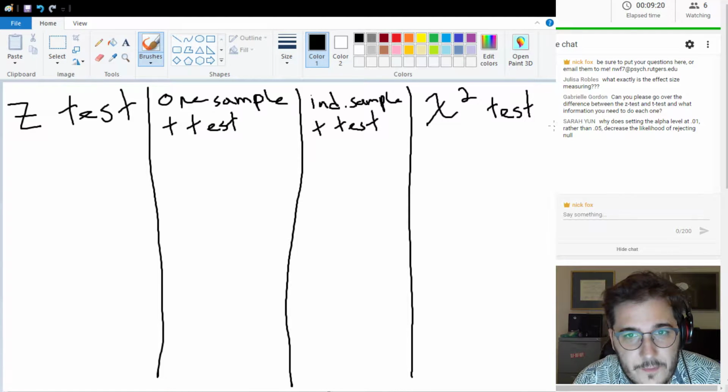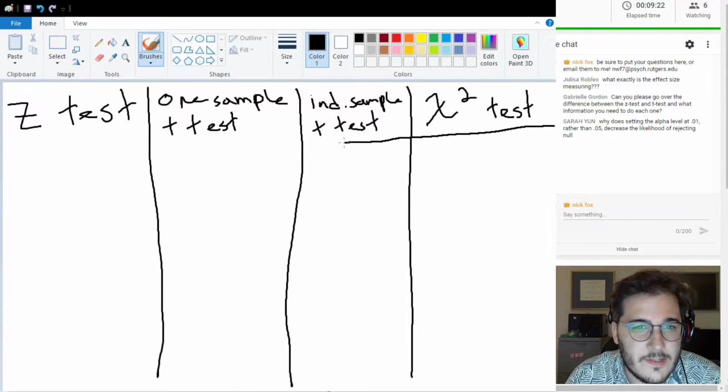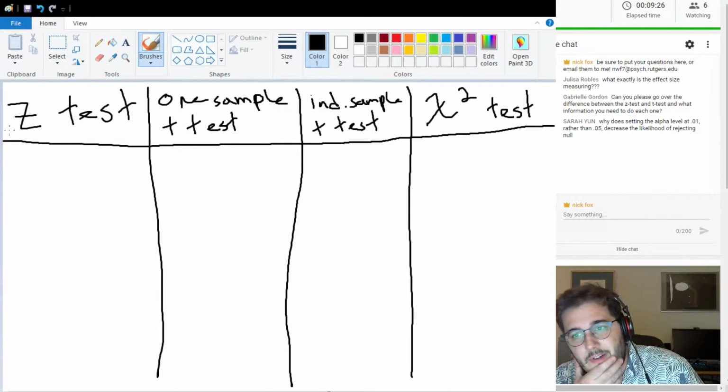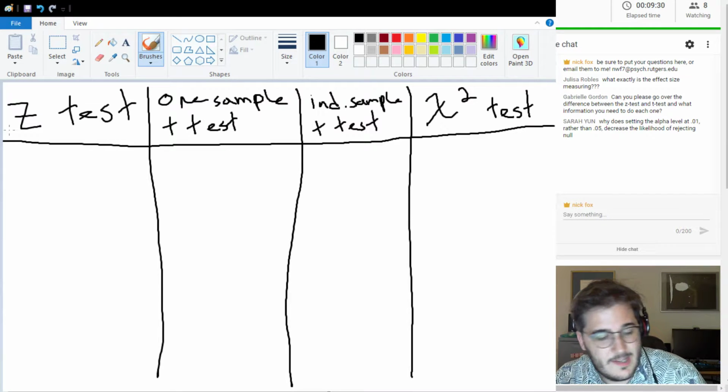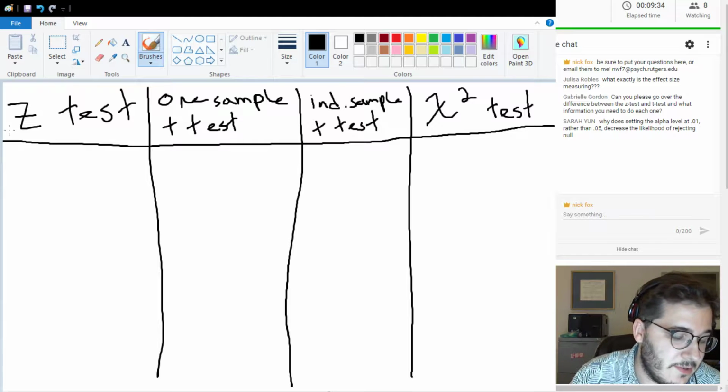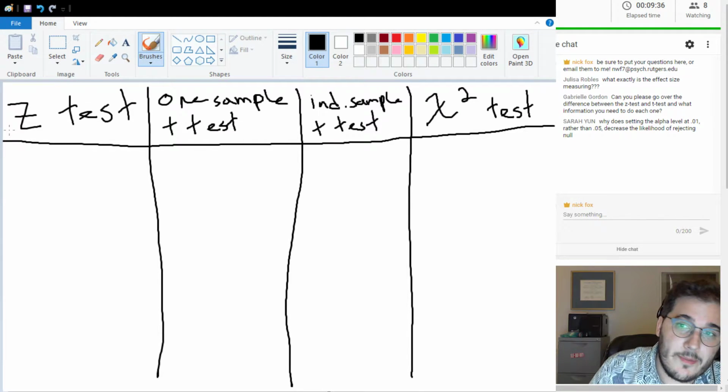So these are the 4 statistical tests that we covered so far. We also did skew and kurtosis and central tendency, but then we started going into these 4 tests that are testing the difference between 2 groups. Depending on what 2 groups you're looking at, that will affect which test you're using.